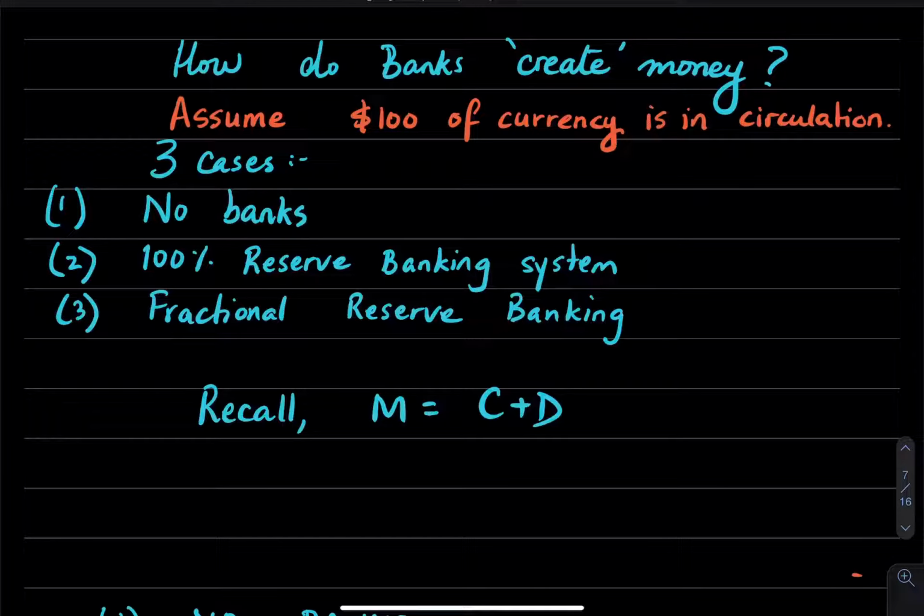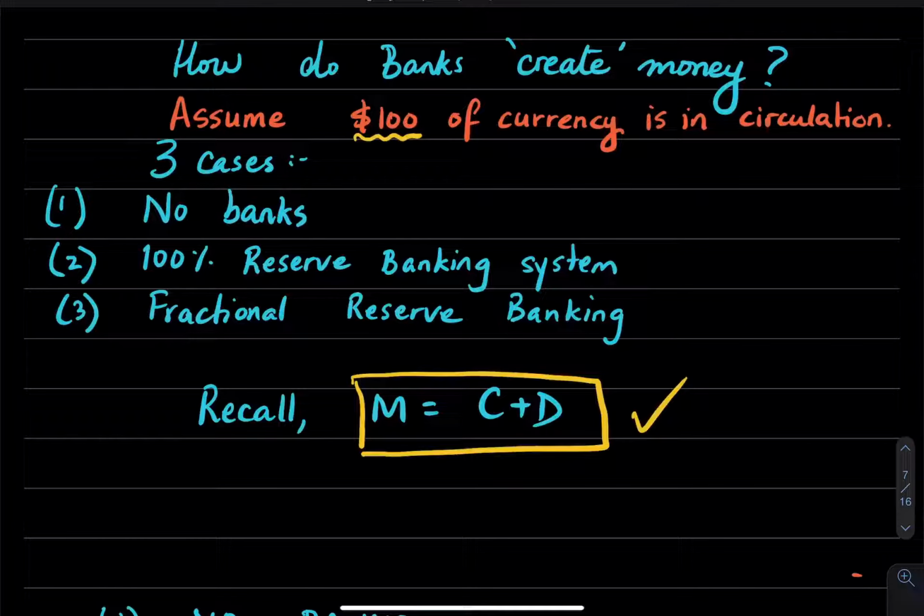Okay, this takes us to our next question about how banks create money. And for this, we are going to look at 3 different scenarios. And we're going to roll with that same example of $100 being in circulation. Okay, so in order to see whether banks are able to create money in the system or not, we want to remember that money supply is given by the sum of currency and deposits.